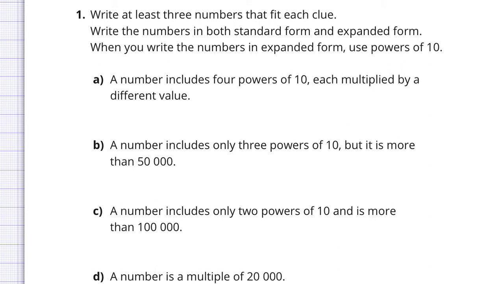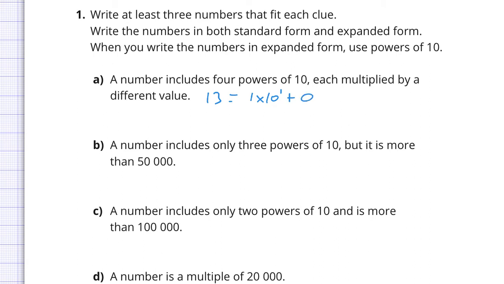Well, I think that if you need 4 different powers of 10, you couldn't just do the number, let's say 13, right? If you did 13 in expanded form, that would look like 1 times 10 to the power of 1 plus 0. Well, you've only used 1.